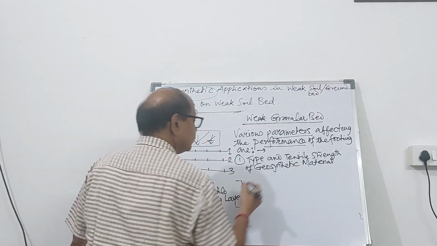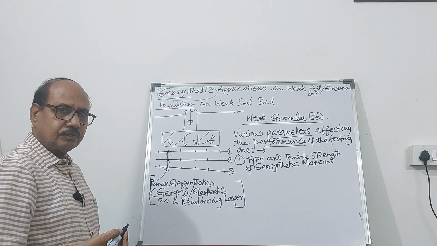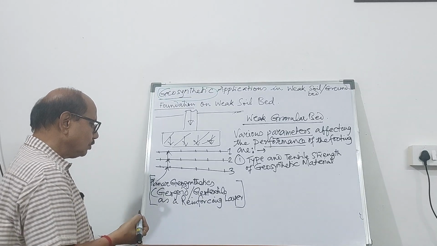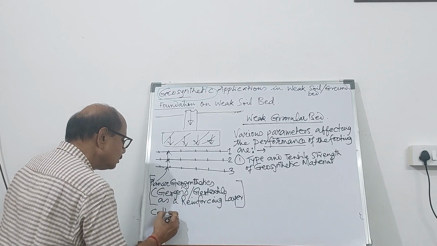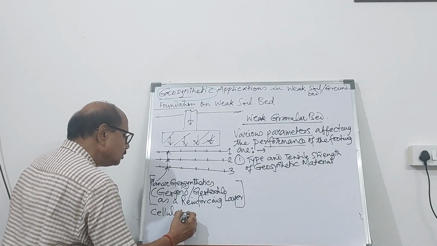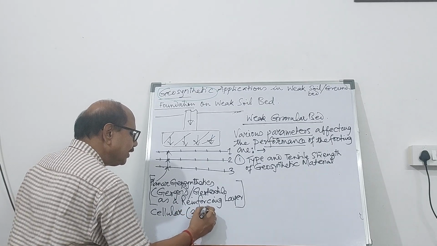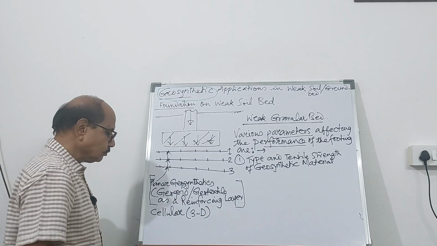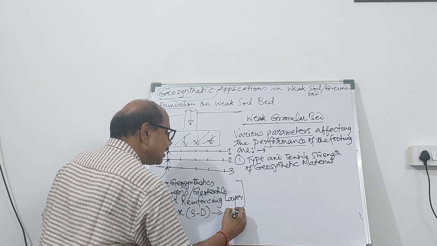This is important. What type? Is it planar or is it cellular? Cellular, three-dimensional, 3D, like, for example, geocells.